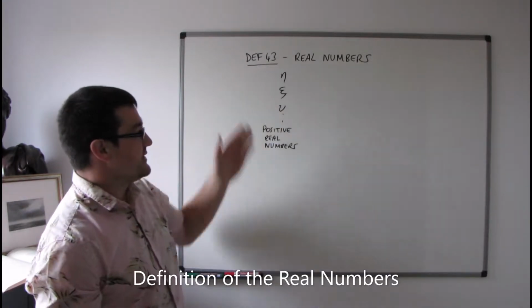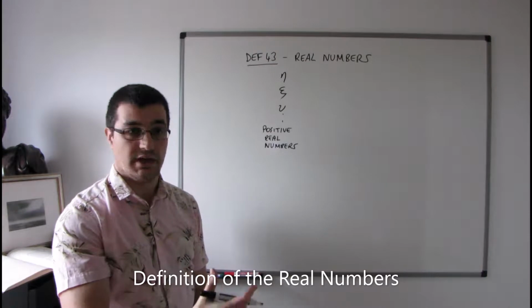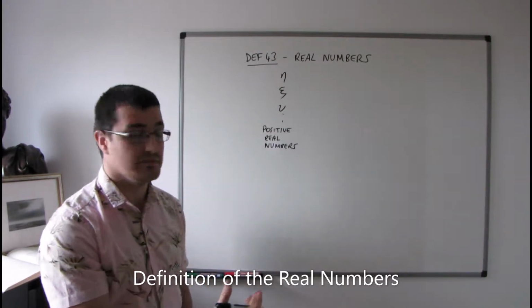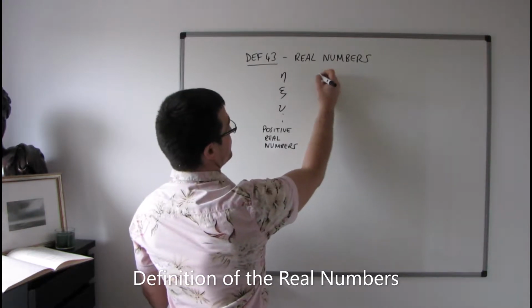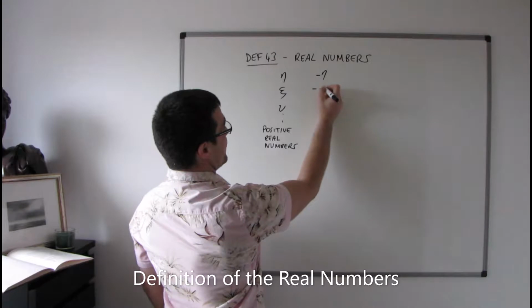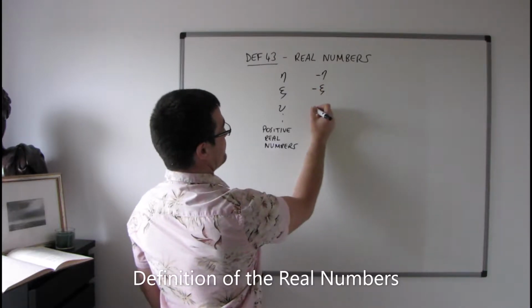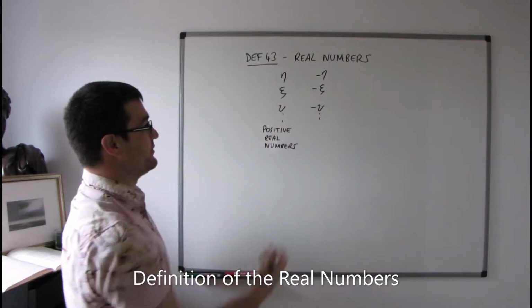And to each positive real number, we're going to define a new number, a negative number. So eta, we're going to have minus eta, we're going to have minus psi, and we're going to have minus upsilon, and whatever other symbols we use.